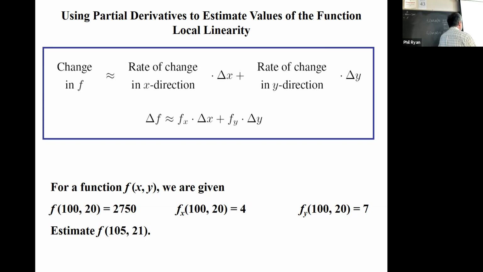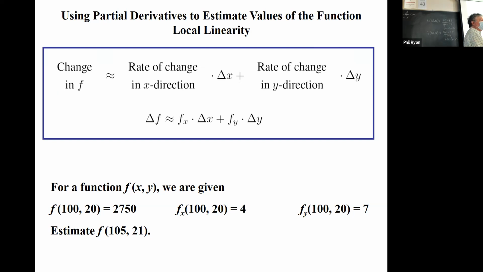Okay, and so if we're at a certain point, and we know how it's changing in that direction, and we know how it's changing in that direction, then we can estimate points near here, right? So this is going to be this number, 2,750, plus, well, in the x direction, we go up by 5, so we're going to add 5 times 4, we're going to add 20, because we've got more x, and we increase 1 in the y direction, so we're going to add 7.